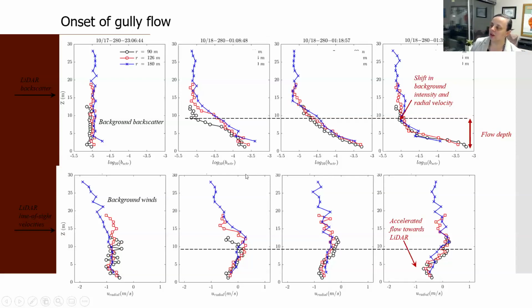So we are looking at these images to identify how deep the flow was during these periods of time that we are interested in. And you can see a similar pattern from the background winds from the LiDAR. So this is flow towards the LiDAR and away from the LiDAR. And we see this acceleration of flow towards the LiDAR during this particular IOP.